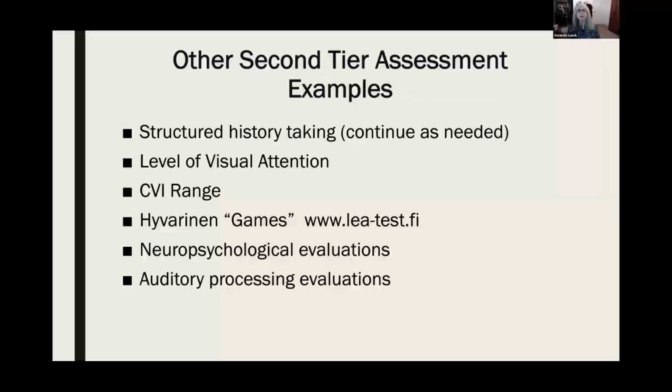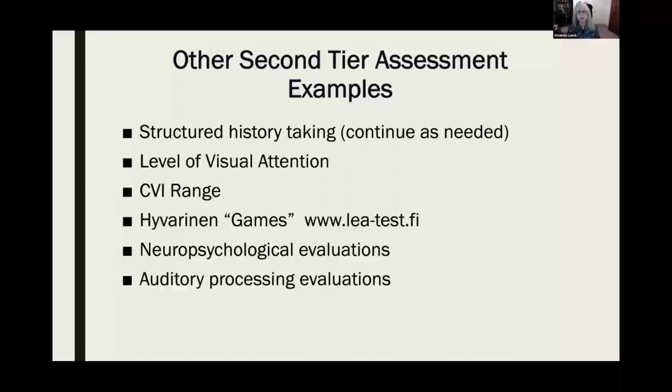Now, I'm going to give you some examples of second-tier assessments. Some of these you might not know, and some of them you'd probably be very familiar with. What I want to stress is that in showing you these assessments, you'll see that they look at different aspects of CVI.